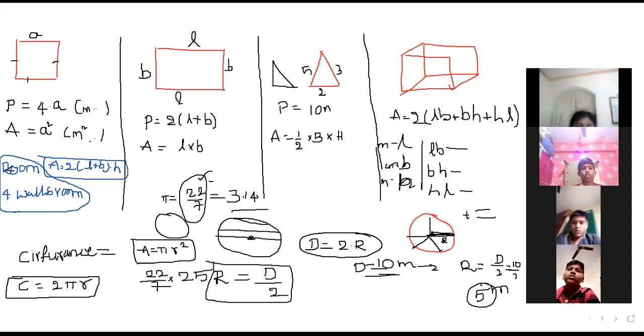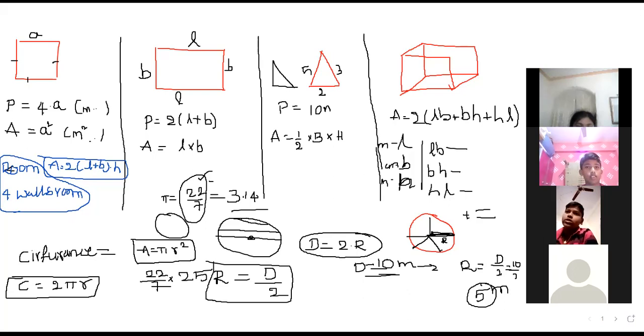And see the distance from O to C. For the square, all sides are equal or not? If O to N is 6 mm, then O to C is 6 only, sir.